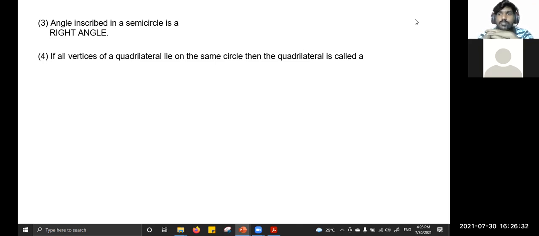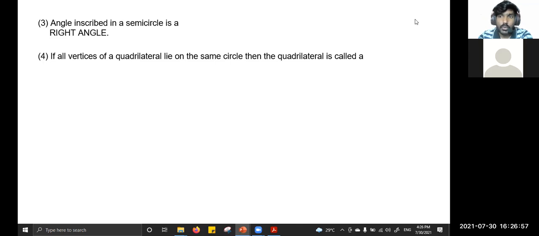So if all the vertices of the quadrilateral lie on the same circle, then what type of quadrilateral is it? What is the name of that quadrilateral? We just studied it, no? What theorem did we study?